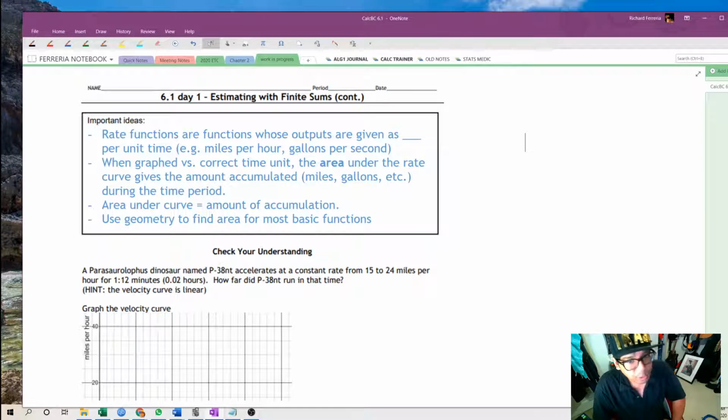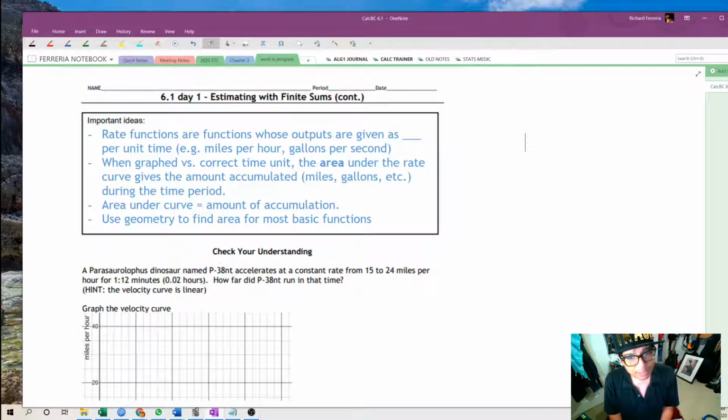When graphed versus the correct time unit, the area under that curve is going to give the amount accumulated, like how many miles or how many gallons were accumulated during that time period.